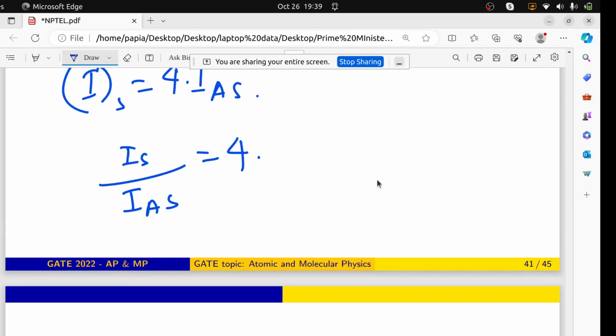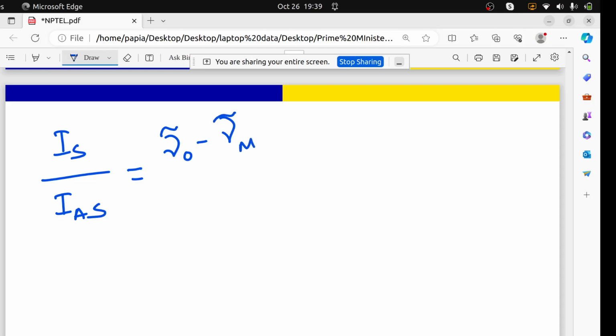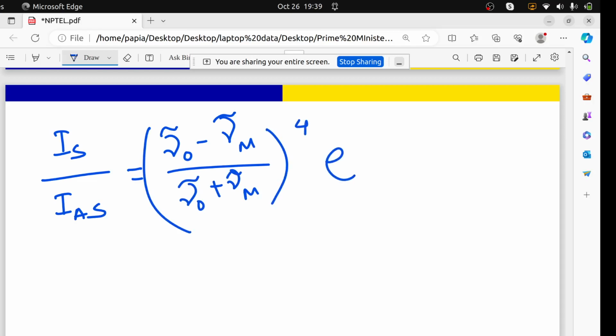So if I write the relation here, I am just going to write the full expression: IS divided by IAS is equal to (nu 0 tilde minus nu m tilde) divided by (nu 0 tilde plus nu m tilde) whole to the power 4, times e to the power h nu m tilde c divided by kBT. So I think all of you understand that one.